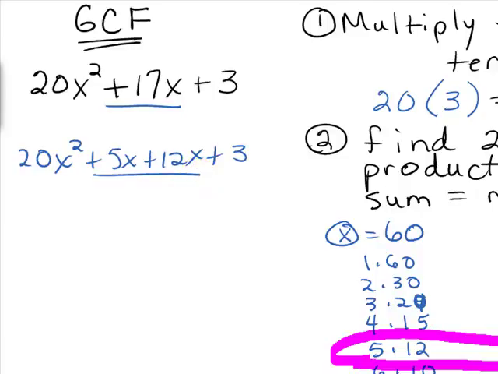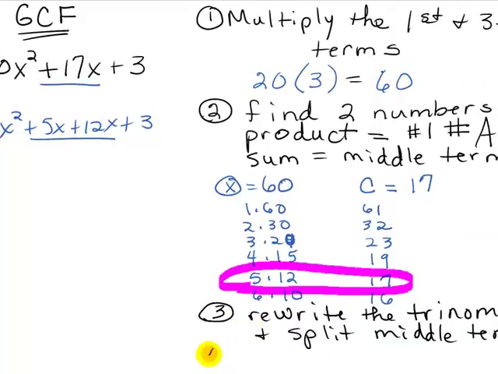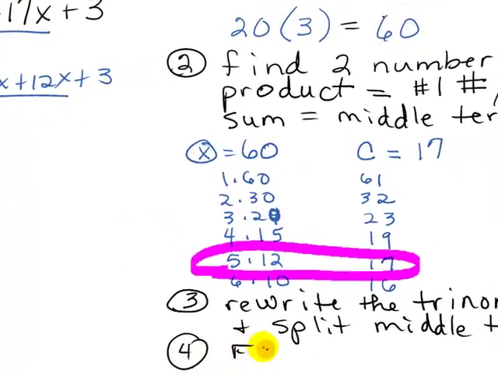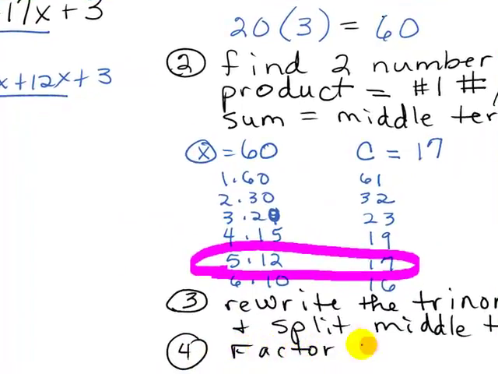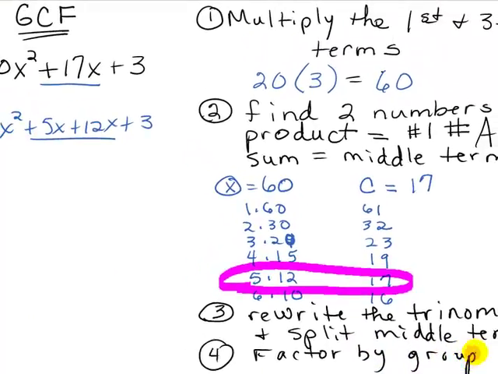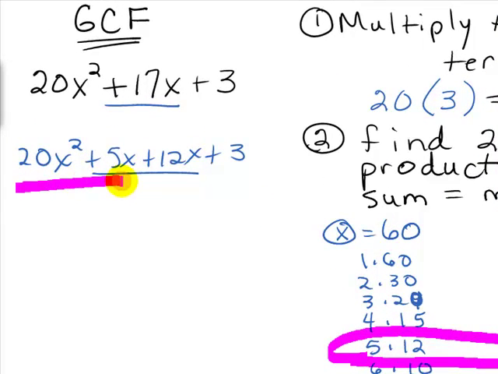Now for step 4, we will factor by grouping. Remember, you want to group the first two, the last two, circle what's in the middle. Looking for a GCF, 5x.